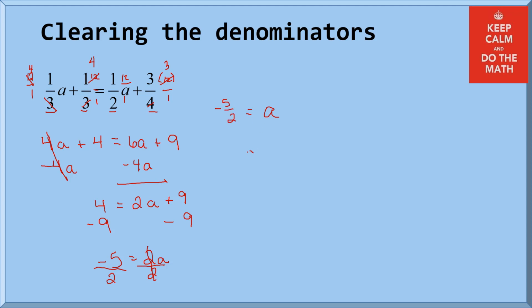And if you prefer, we can just flip everything around, because if something's equal to each other, it doesn't matter which side they're set on. So a equals -5/2. And then of course we should always go back, plug in -5/2 for each of our variables, and double check that our answer is correct.